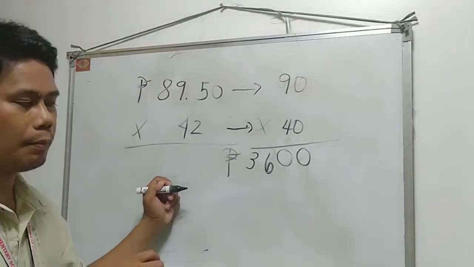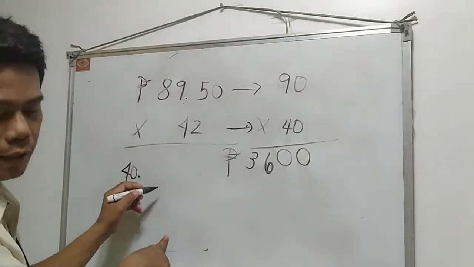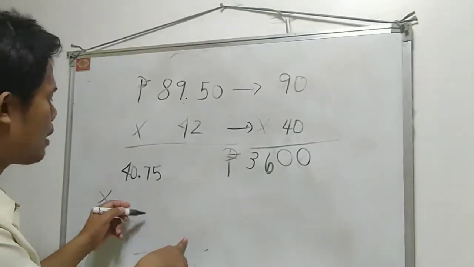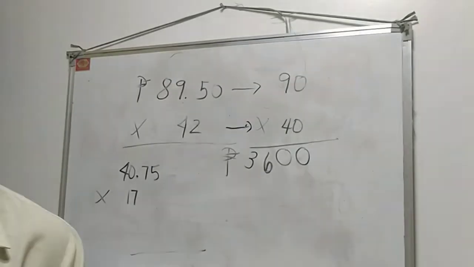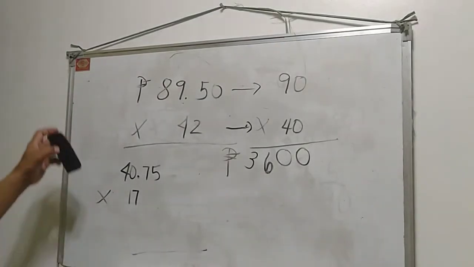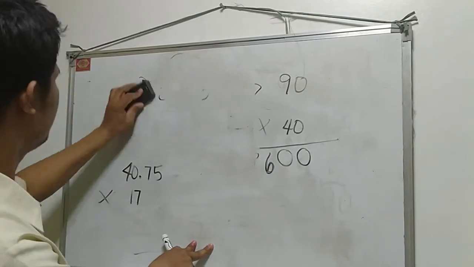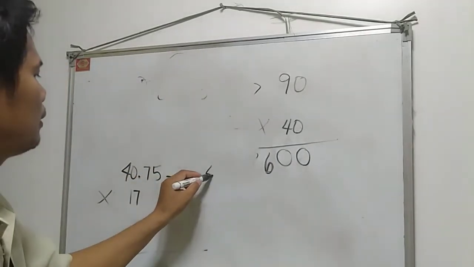Let's have another example. So we have 40 and 75 hundredths times 17. Again, we are going to round off to the nearest whole number. Di po ba 40? So 40 pa rin siya.